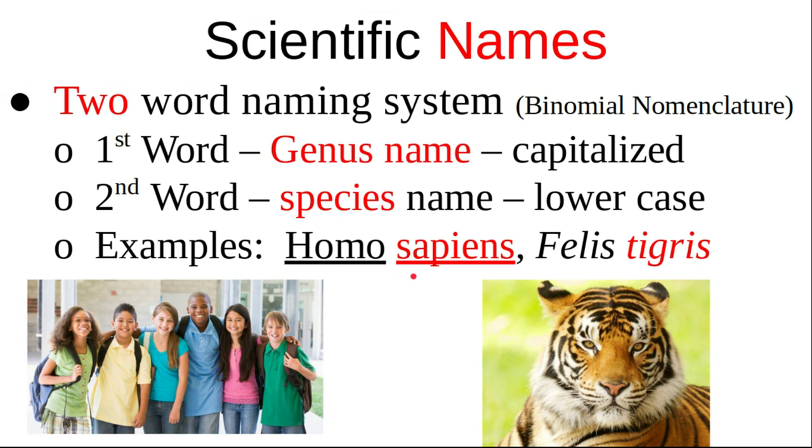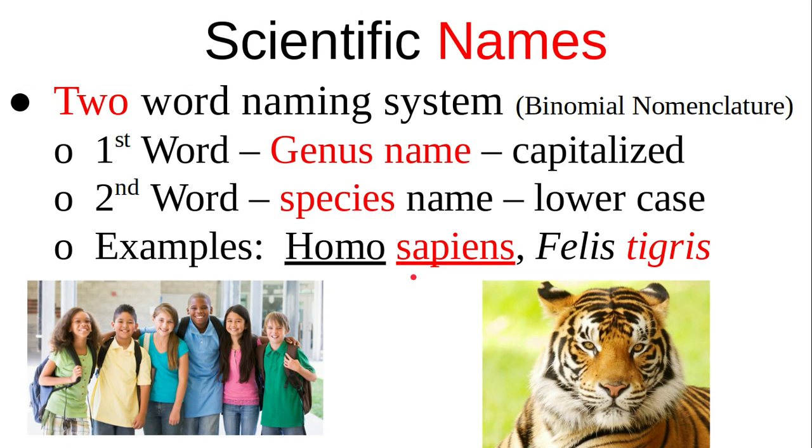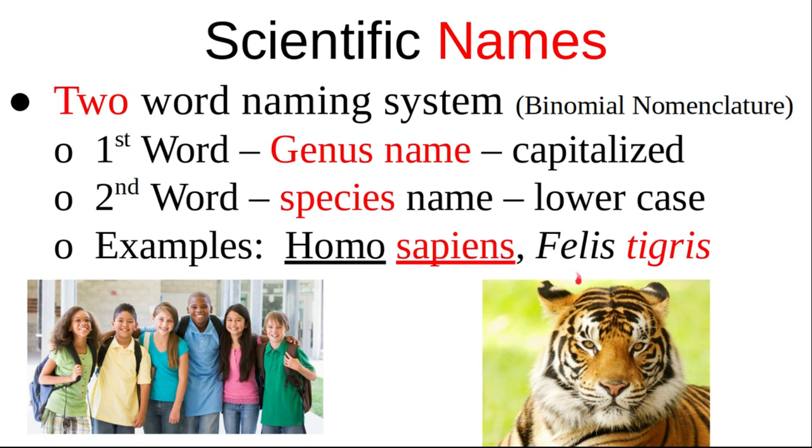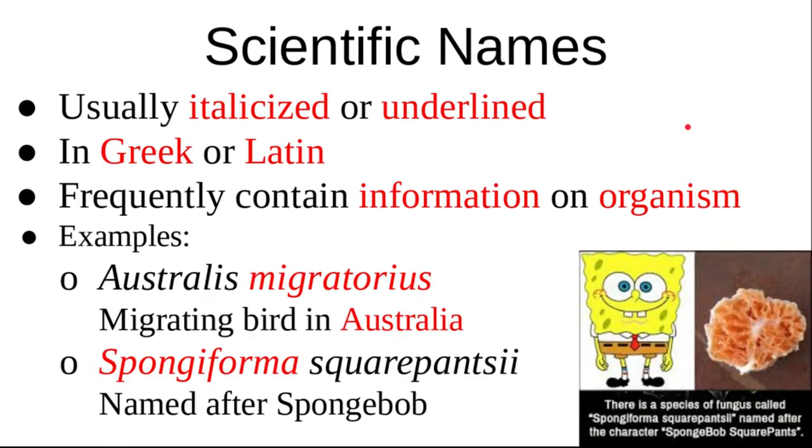So our scientific name would be Homo sapiens. For the tigers, they come from the genus Felis and the species tigris. So they are Felis tigris. Okay. Notice how the first word is capitalized, the genus. The second word is lowercase.